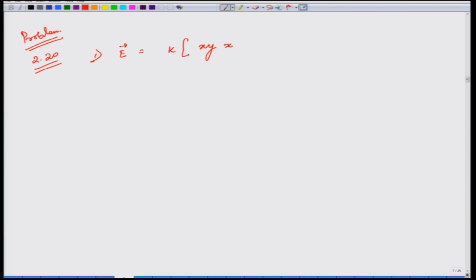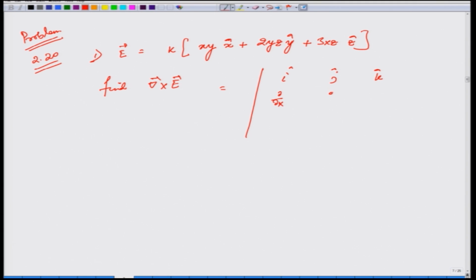xy x cap plus 2yz y cap plus 3xz z cap. Find the curl of E. I am leaving it to you.